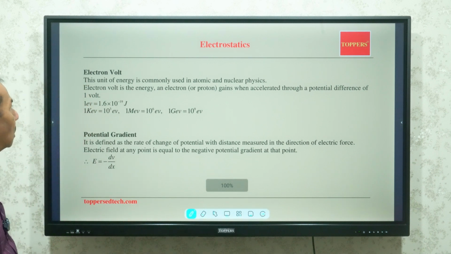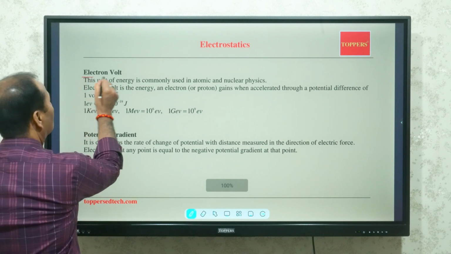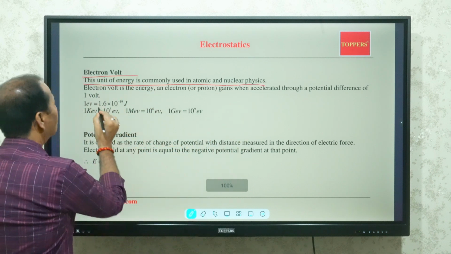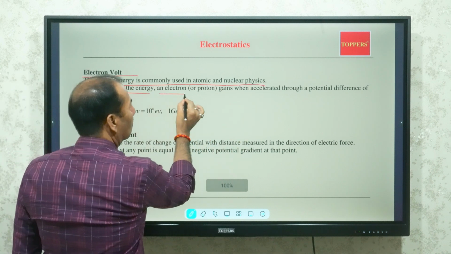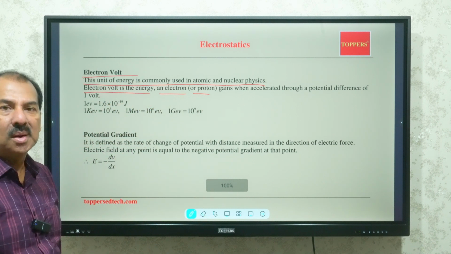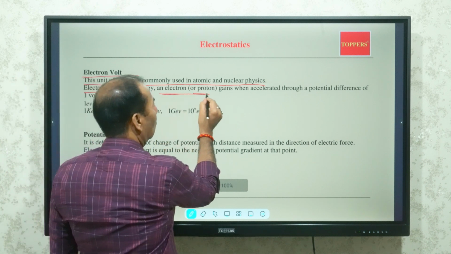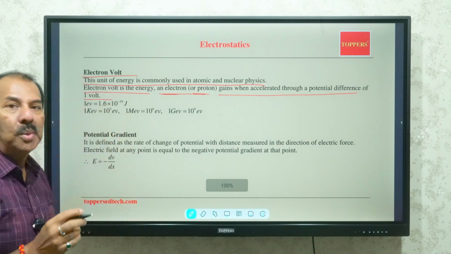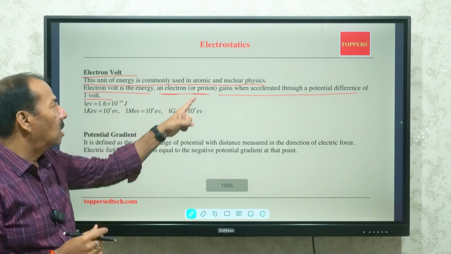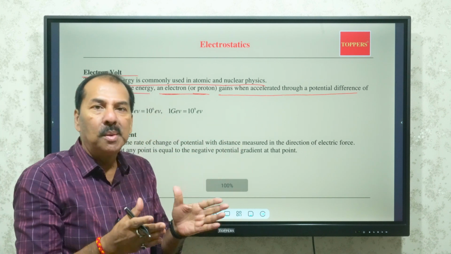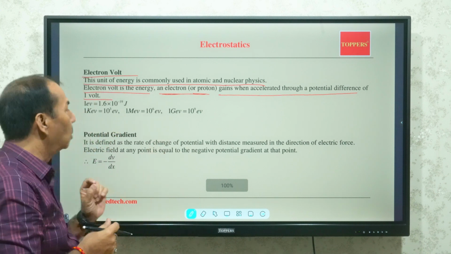Now corresponding to these terms, we have certain units that we can discuss. Electron volt: this unit of energy is commonly used in atomic or nuclear physics. Electron volt is the energy an electron or proton gains, because the charge on electron or proton is the same, only the nature is different, when accelerated through a potential difference of 1 volt, that is again unit potential.